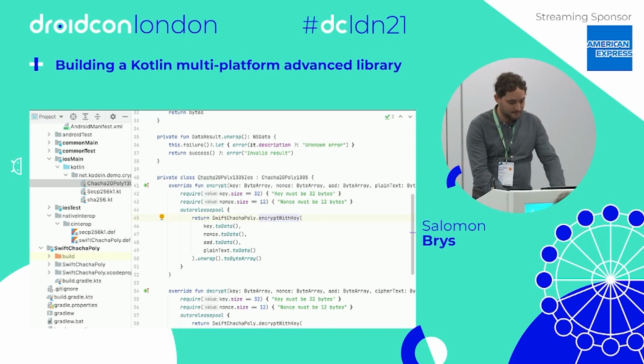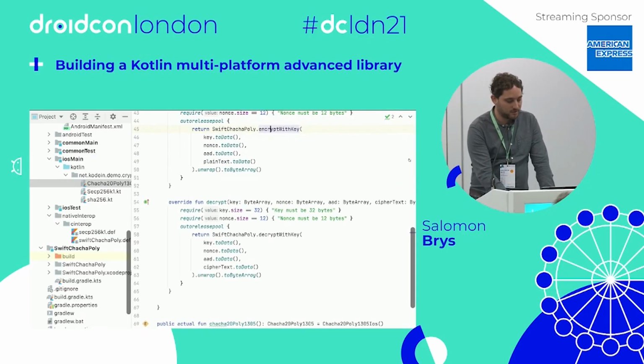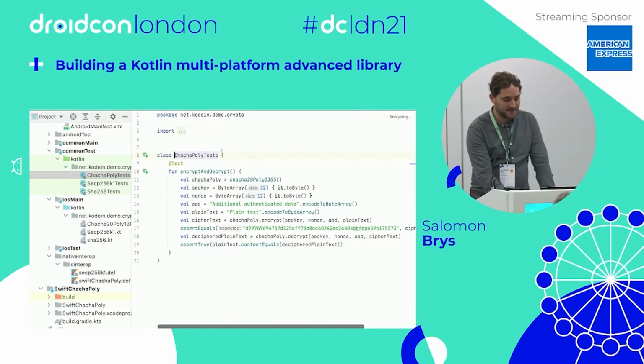And yeah, I have this Cha-Cha Poly test. I haven't shown you the test, but the way the test works is pretty much the same as every other test. I create a secret key, a nonce, I encode a text with additional authenticated data.